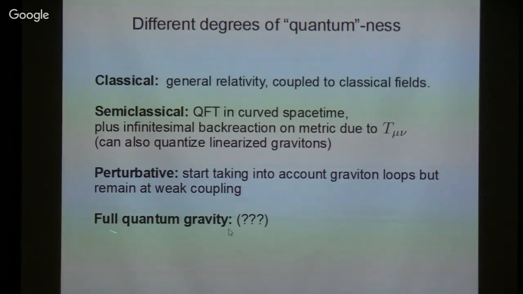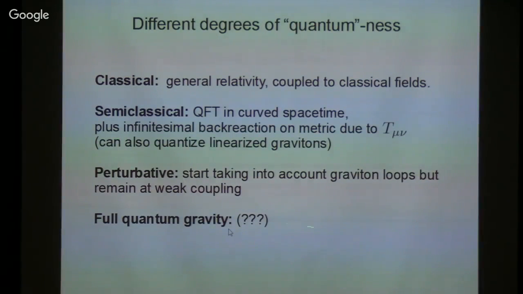Now, of course, anytime we talk about full quantum gravity, that's always going to be a very speculative thing. We're just sort of bootstrapping our way to this by moving, instead of just talking about classical field theory, we can start talking about quantum field theory in curved space-time and start taking into account a small back reaction due to a quantum stress tensor.